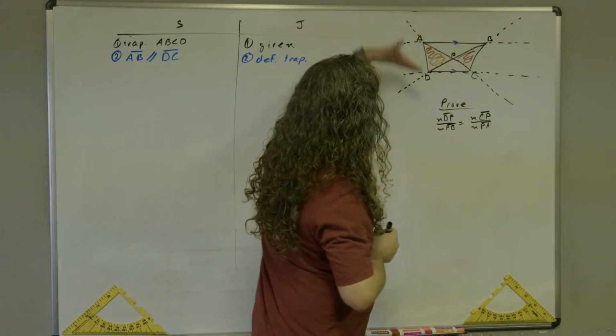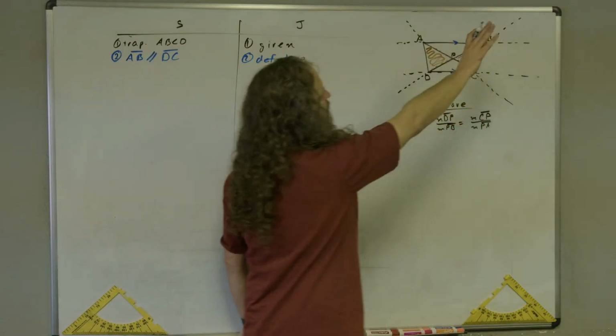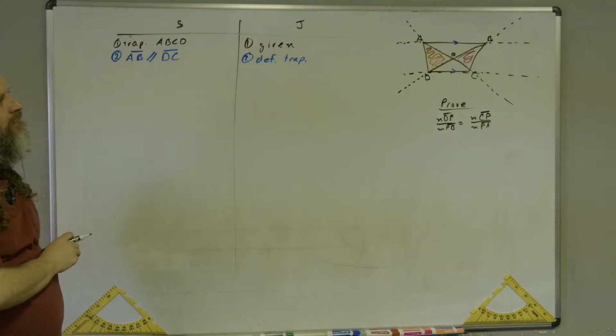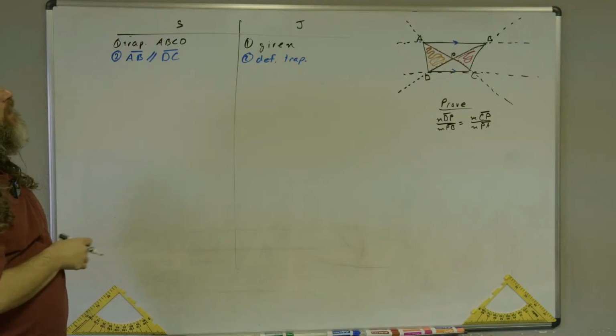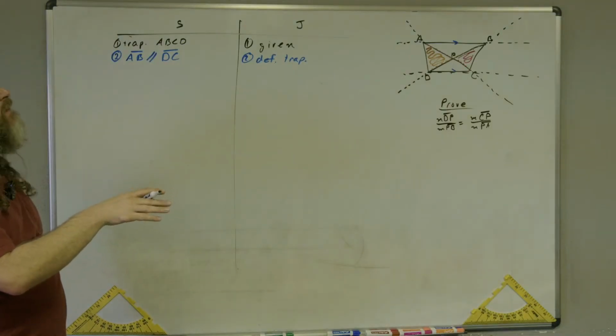All right, so we've got this big transversal here, and we've got this big transversal there, right? So, we've got all of the parallel lines theorems. Same side, alternate, and corresponding.